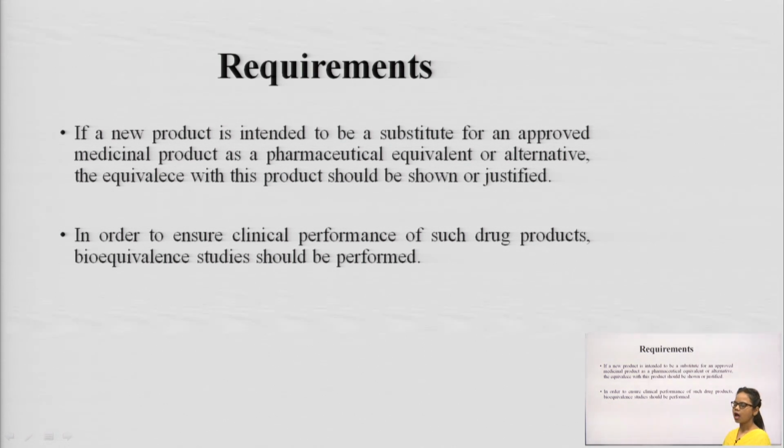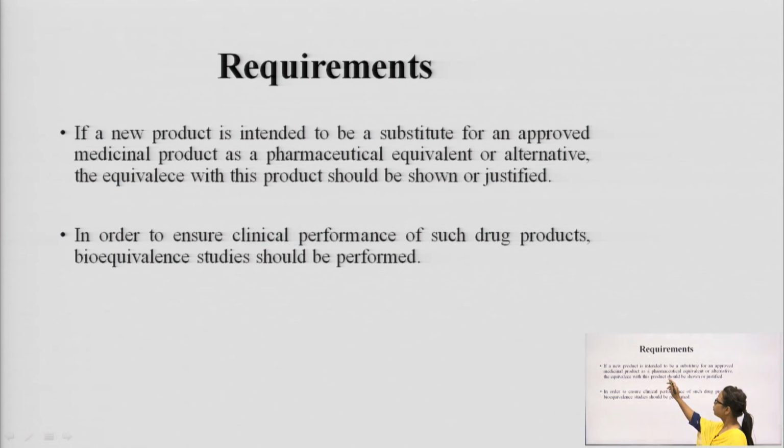It means, as I have told, in bioequivalence studies we do a study of the same salt in two or more different dosage forms, or different drugs with the same therapeutic activity, and different routes of administration of the same drug.